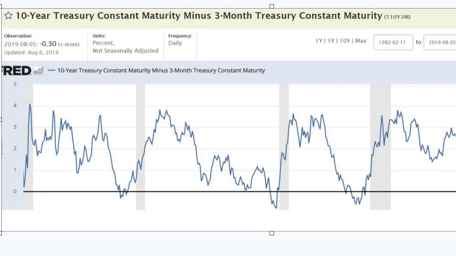Factually, what that has led to, consistently over and over again, is that within 6 to 18 months after a dip below 0 in the yield curve, we get a recession. The recessions are marked on this chart in the shaded gray areas. The chart starts in the middle of a recession back in 82.